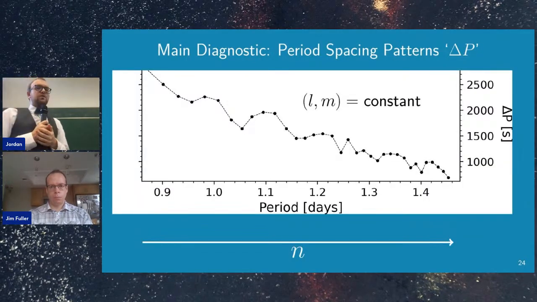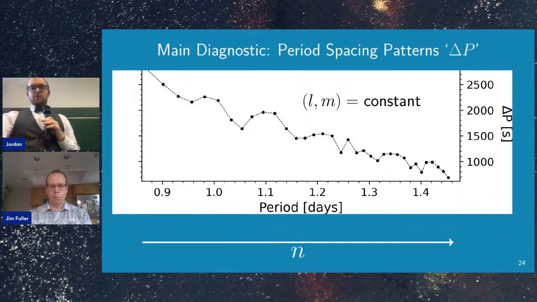And for gravity modes, the main diagnostic that we look at is the so-called period spacing pattern, which are the periods, or 1 over the frequency, of the modes that have constant L and M, so for example 1 and 1, as well as a consecutive N. So from left to right on this diagram, the N increases for each mode by 1.